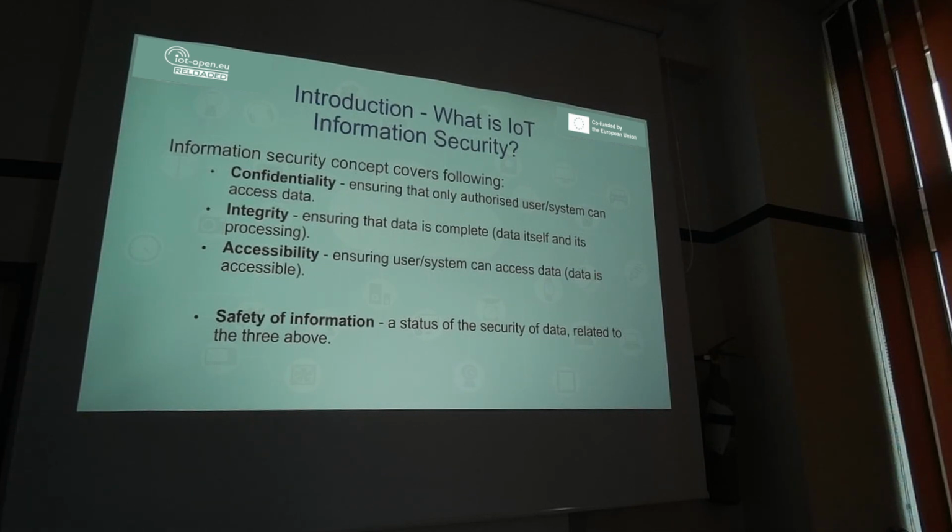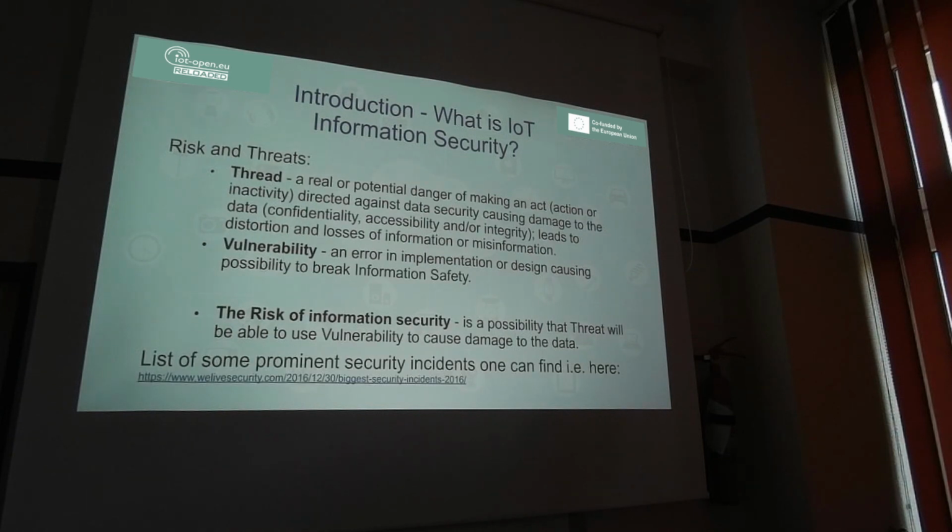Once we have the definition, let's go to the following. Risks and threats. Well, what is a risk and what is the threat? And the vulnerability. So in general, a threat is like a real or potential danger of making an act against our data. So it can be an act which is active or passive.